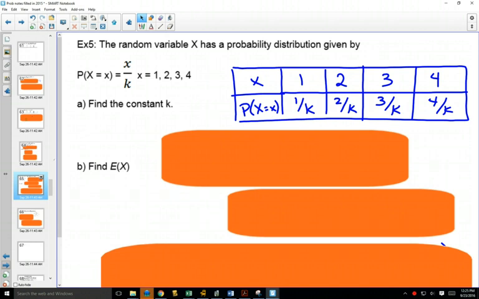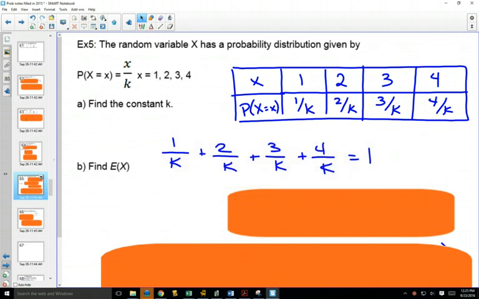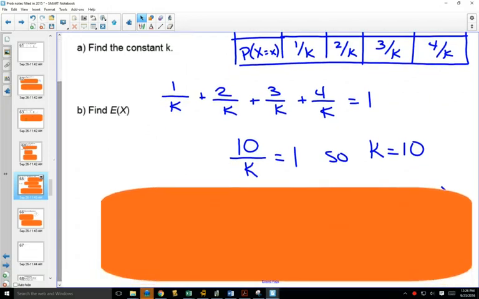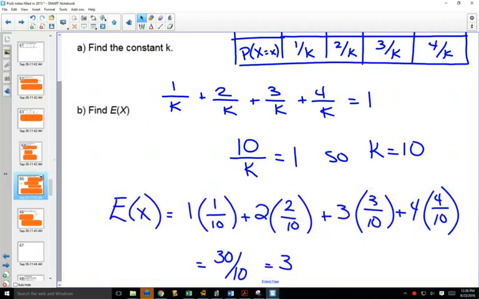Currently, we don't know what k is, but since that has to add up to 1, we can solve for k. And then our expectation is easy to figure out.